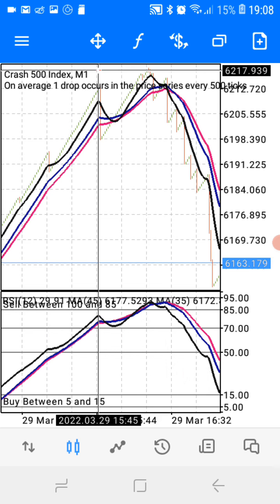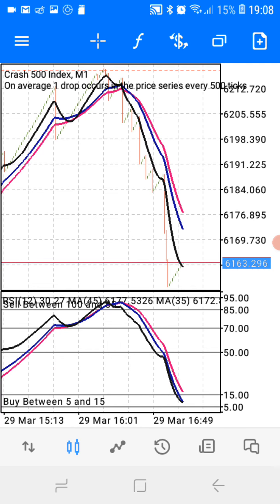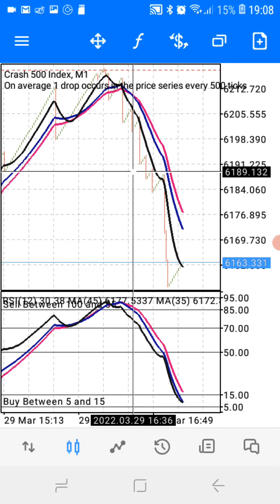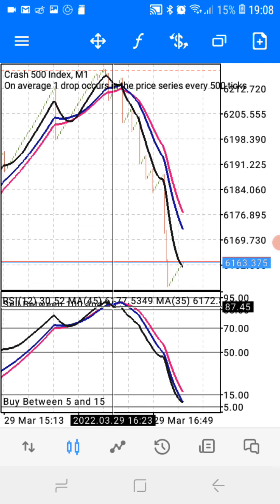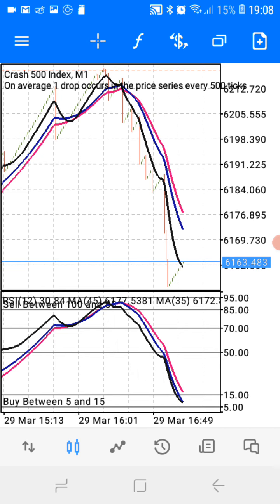So once I analyze the markets, I always go for 1 minute time frame for my entries. Okay, as you can see, they crossed here, they crossed there, but when I took that, I was not guided by the crossing strategy.